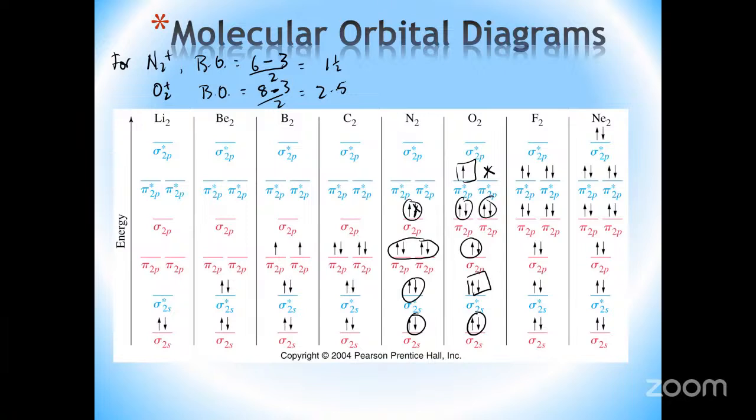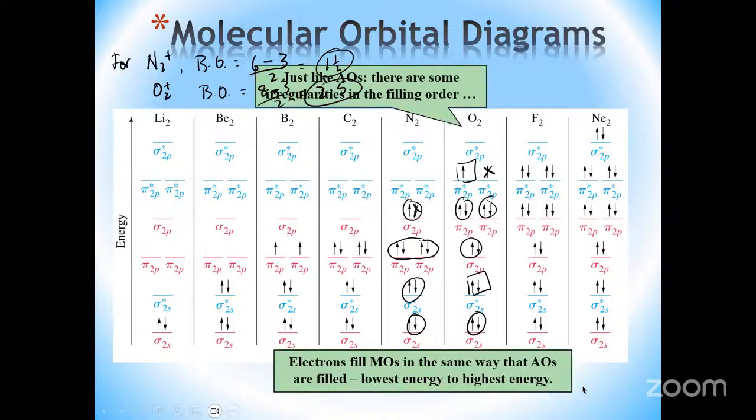So basically, the bonding in the case of O2 plus will be stronger because the bond order is 2.5 as opposed to N2 plus where the bond order is 1.5. So that's basically the explanation as to why the O2 plus would be of a stronger, let me see how the question words it.